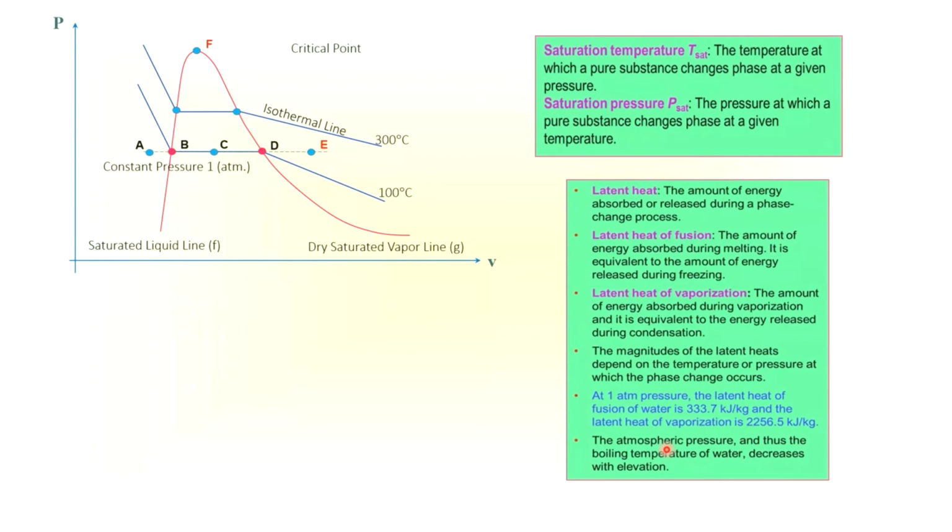When you are at home boiling water, it is at 100 degrees C. But when you go up to a higher place and reach the mountain top, the boiling temperature will not remain at 100. It will definitely be lower than 100 degrees C, because the surrounding pressure is lower, so the boiling temperature will also be lower.